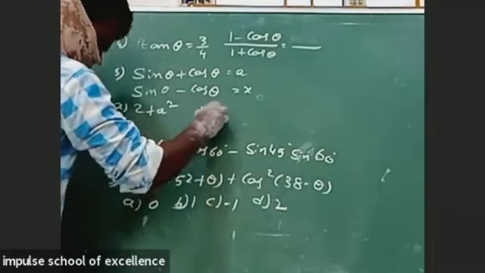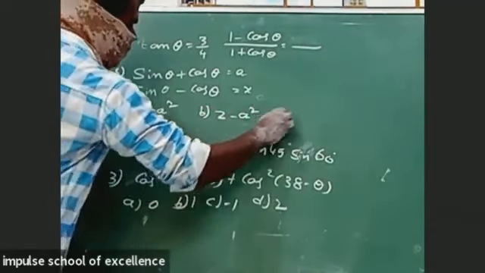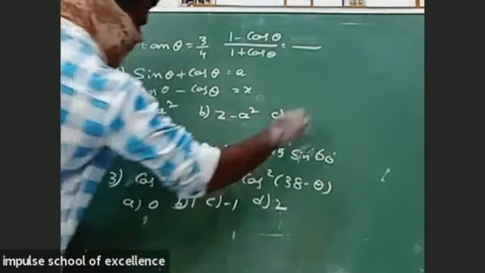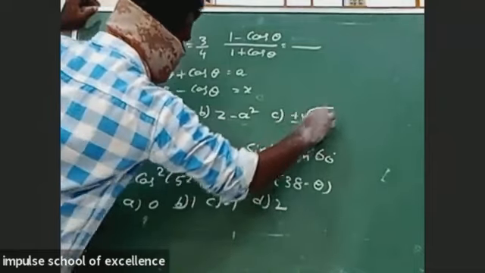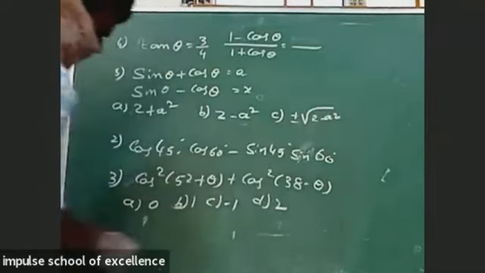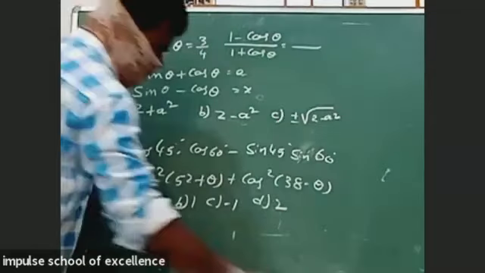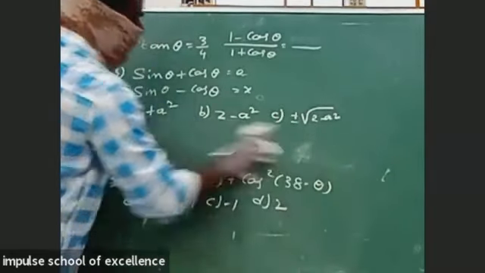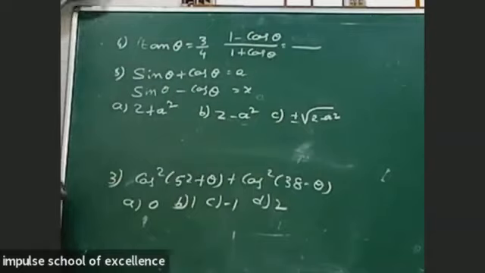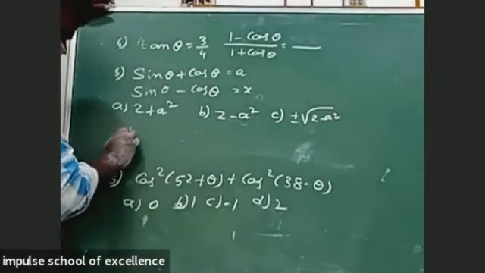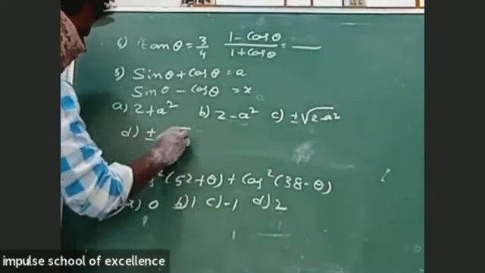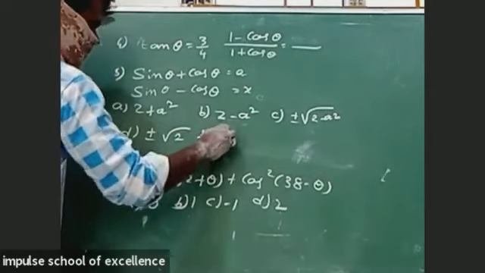Option B is equal to 2 minus root 2. Option C is equal to plus or minus square root of 2 minus a square. And option D is equal to plus or minus square root of 2 plus a square.